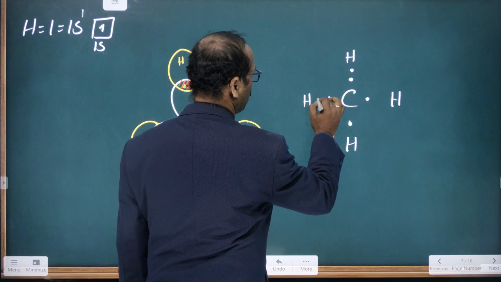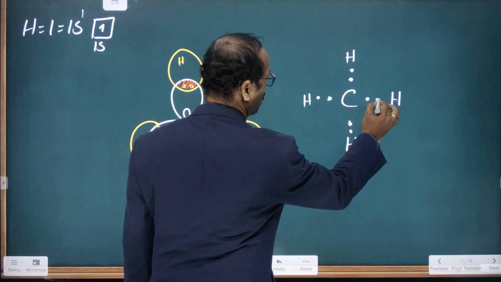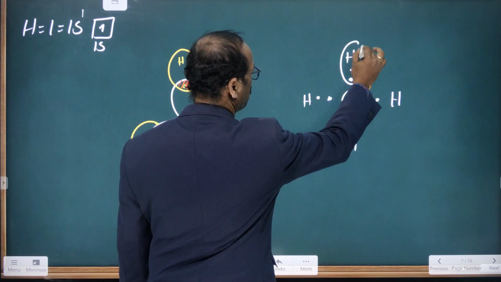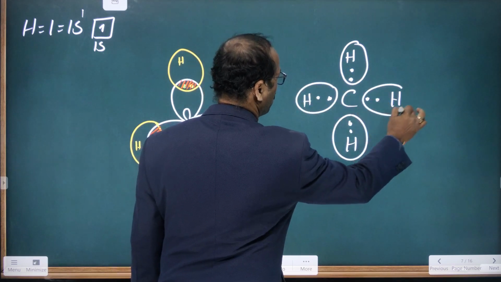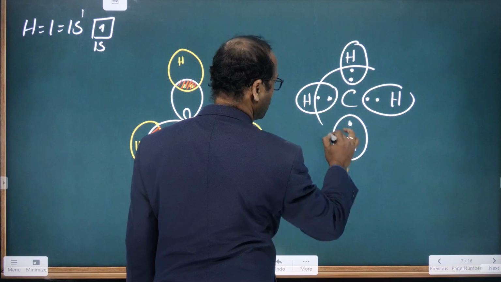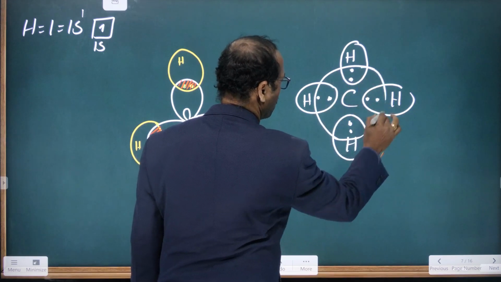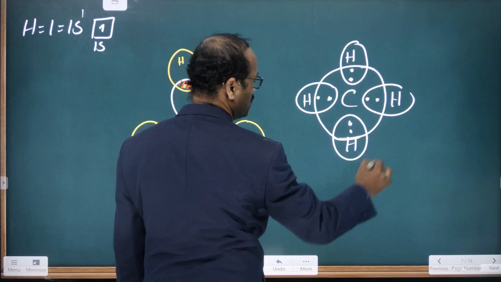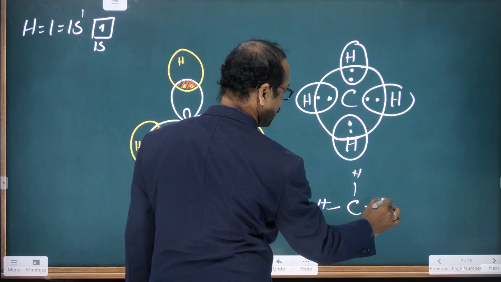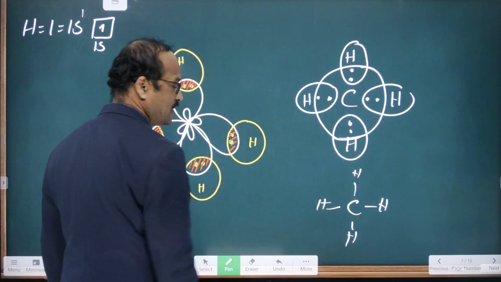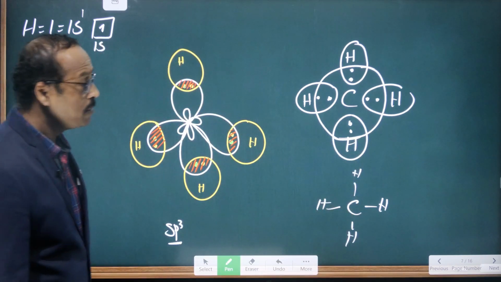Now each hydrogen is providing 1 electron to the carbon, and carbon is also providing 1 electron to each hydrogen, so they are sharing all these electrons. In a simple way, we can write the structure of methane as CH4 like this. That is about the formation of methane.